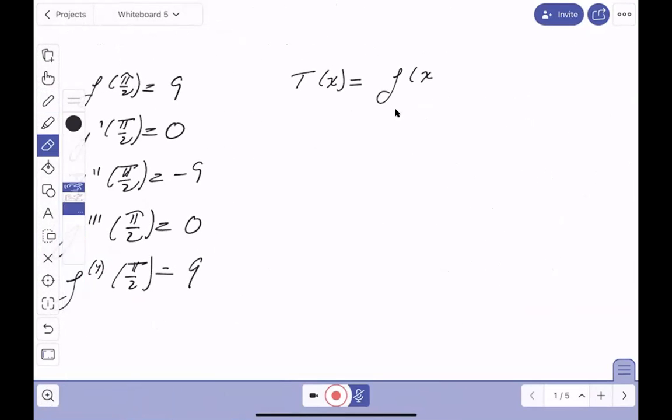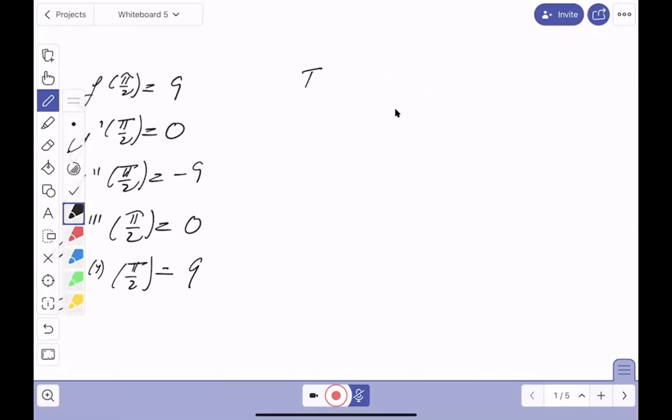My eraser out. I don't want to go too far on this one. T2, and it's going to be centered at pi over 2.